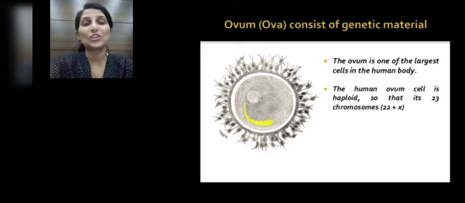The genes or chromosomes from the mother are transferred to the offspring through the egg or ovum, and it has half the number of chromosomes since it is produced by reductional division. The cell division involved in the production of ovum is meiosis.